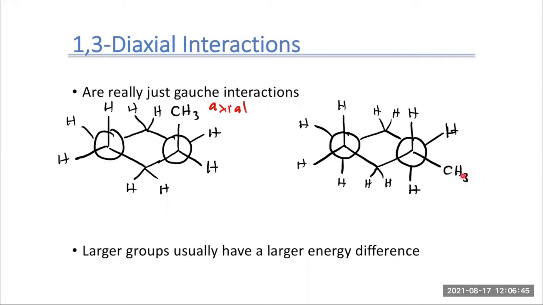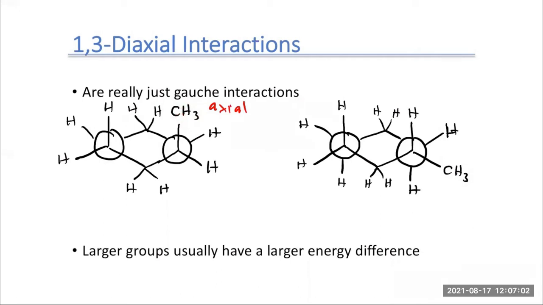So there wouldn't be any interactions. It's really just that axial is where you start getting that gauche interaction. And so the larger this group is here, the larger the substituent, the larger the energy difference.